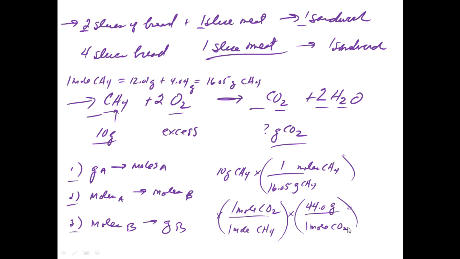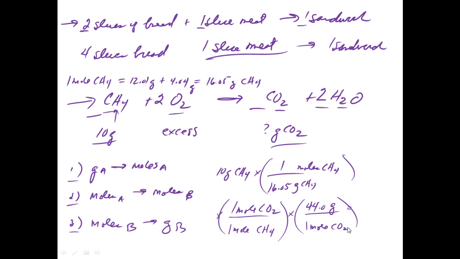So on your calculator, you're going to take 10 divided by the molar mass of methane, 16.05. You're going to then multiply by 1 over 1, which is 1, and then multiply by 44.0 grams.